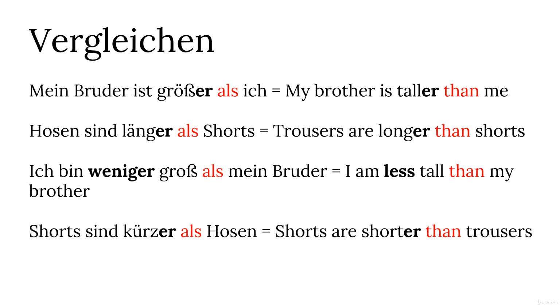Let's start with some basic sentences. The first one is, my brother is taller than me. So in English, you use the adjective tall and add er and then than to compare the brother with yourself.